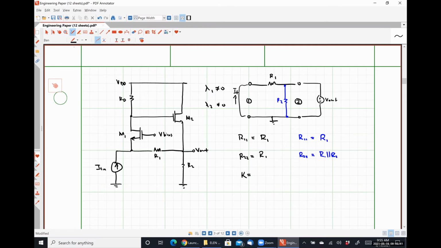Use Ohm's law better, right? Our feedback factor is IF over V out. So how can it be R1? It has to be 1 over. We have a ratio. Let me write this down so I'm super clear here. IF over V out is our feedback factor. Dimensionally, it cannot have the units of resistance. It has to have the units of conductance, right? So we know that IF is negative V out over R1, which means IF over V out is negative 1 over R1.